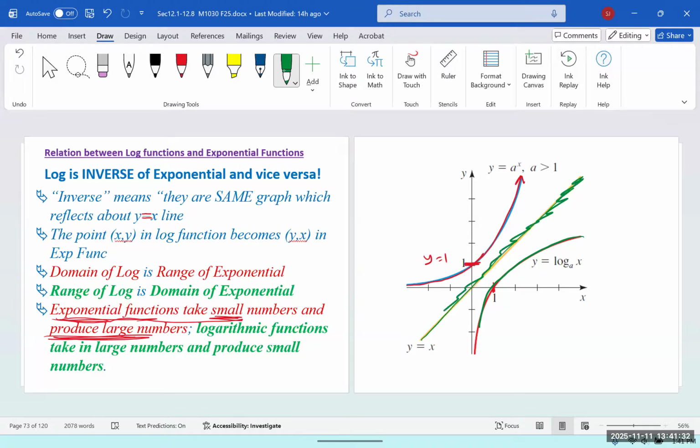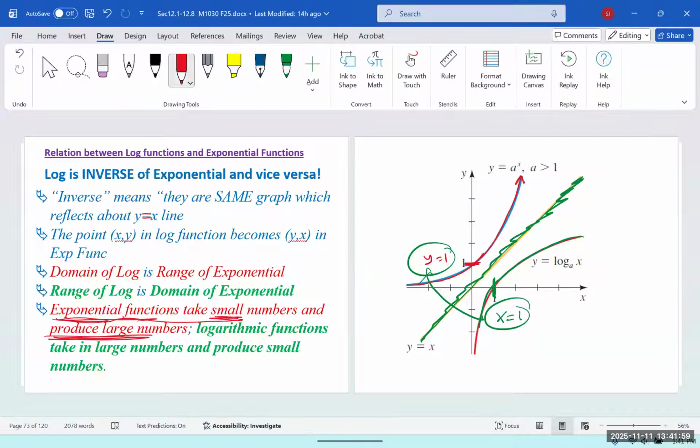If you look at the exponential graph in your mirror, the graph you see will be the logarithmic graph. Now, every logarithmic graph without transformation goes through the x value 1. So see, the opposite. Exponential goes through the y value 1. Logarithmic function goes through the x value 1.